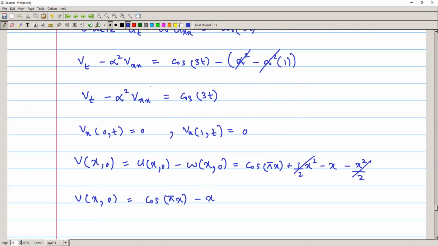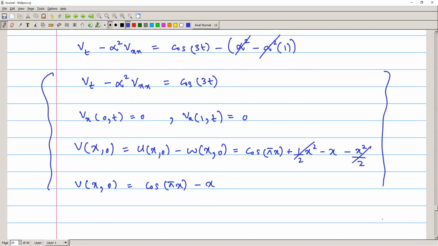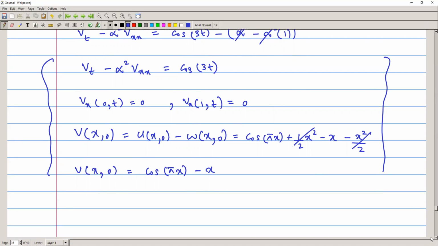Now this equation we can again decompose into two parts, and we will use Duhamel's principle for one part and the normal method for the second part. So we will split this equation.